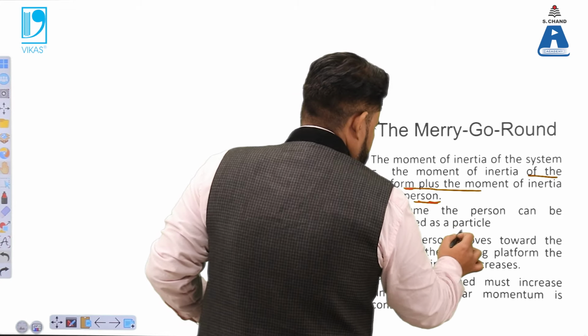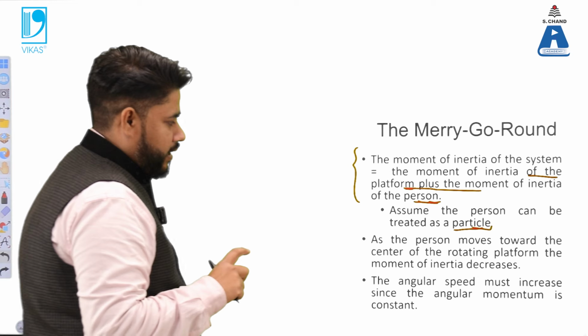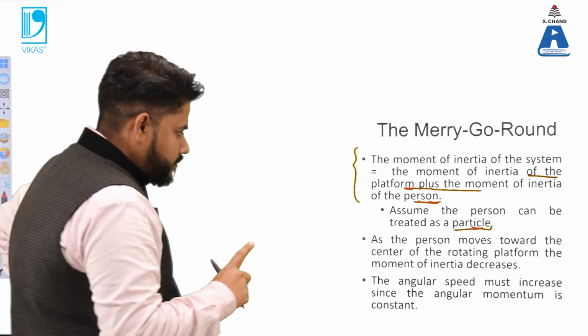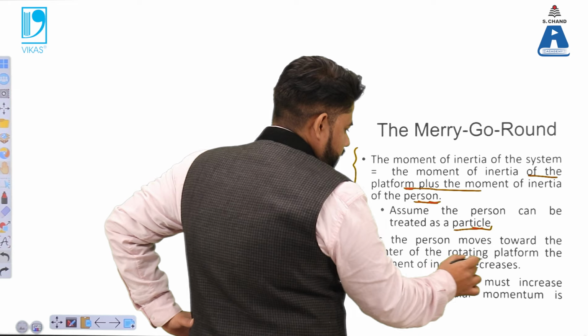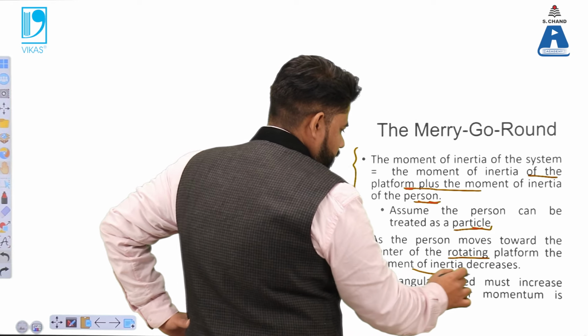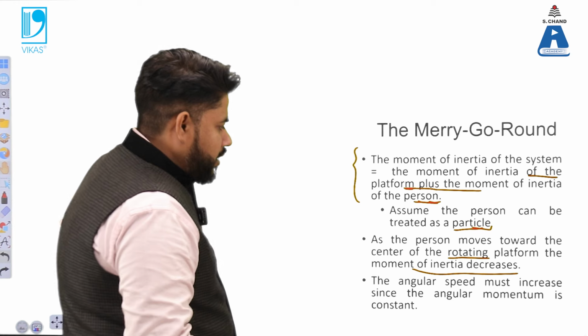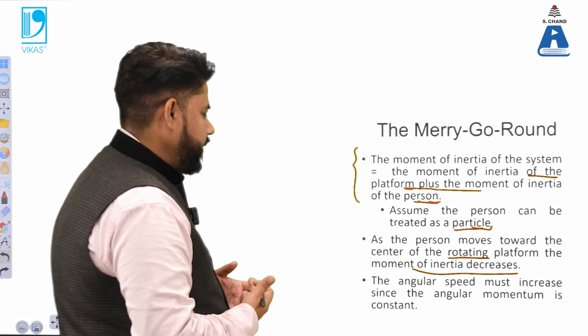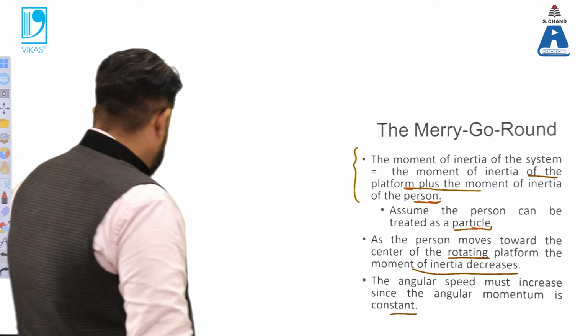Assume the person to be treated as a particle. So we have two particles. When a person moves towards the center of the rotating platform, the moment of inertia decreases and the overall angular speed must increase, since the angular momentum has a constant value.